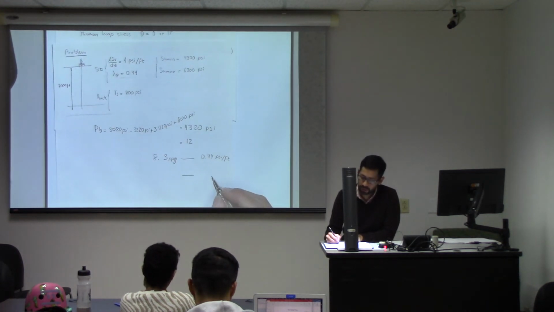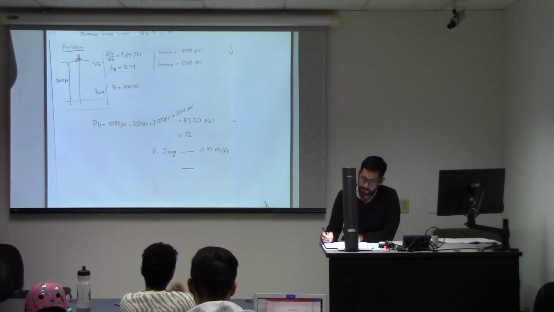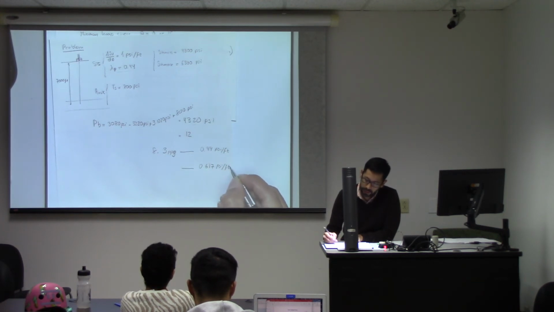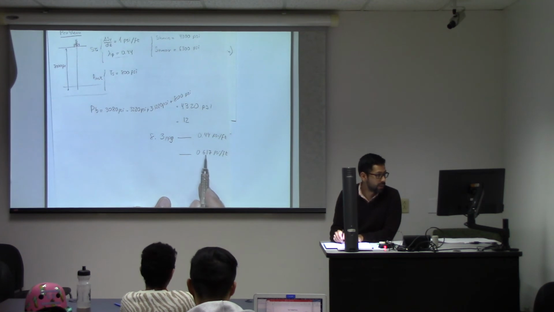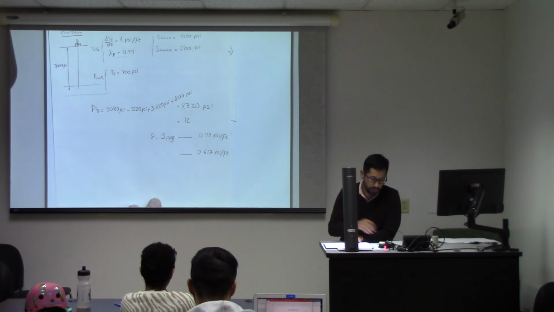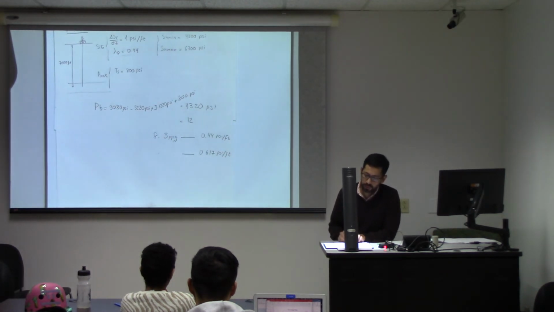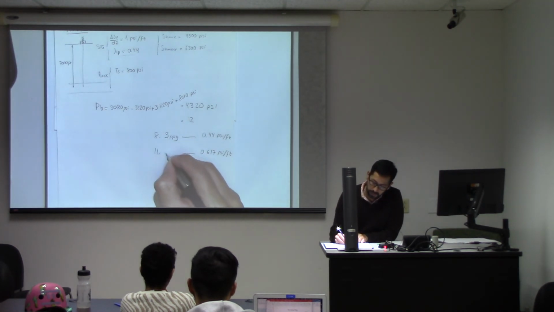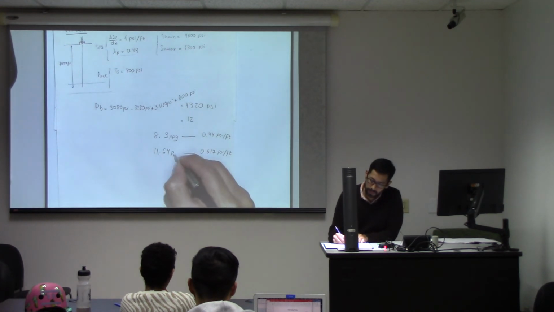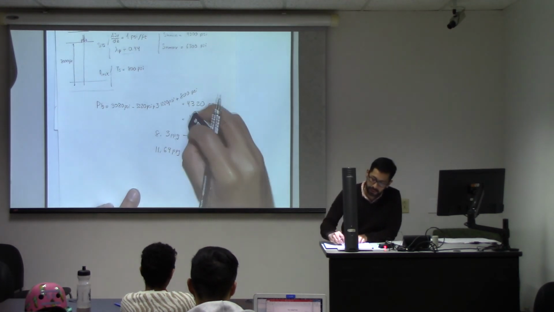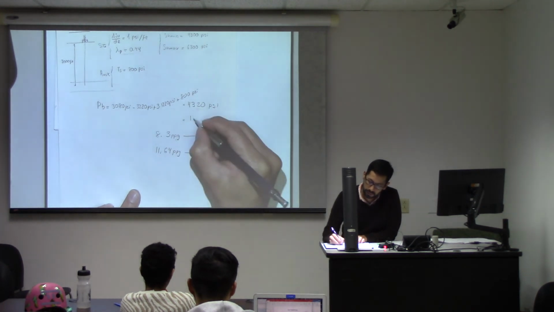Can you please calculate that? 0.617. Then now multiply this one times that one divided by that one, and that will give you the value in pounds per gallon. So that 11.64.